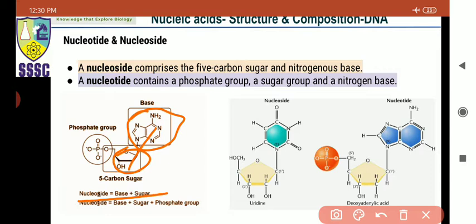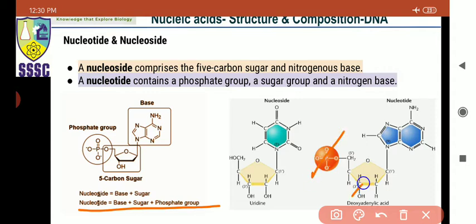When this nucleoside contains one more phosphate, then it is known as a nucleotide. A nucleotide contains all three things. Which are the three things? Phosphate, sugar and nitrogen base.